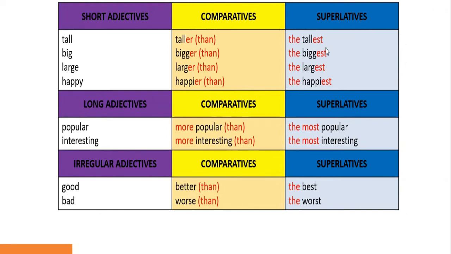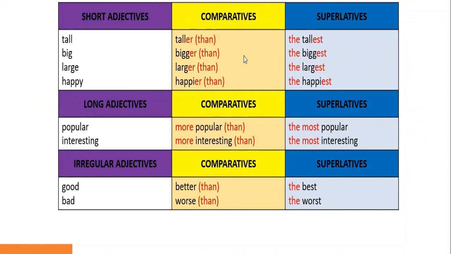We have to do exactly the same thing, except for one thing. Instead of ER, we have to add EST. The tallest, the biggest, the largest, the happiest. I am the tallest person in my classroom.